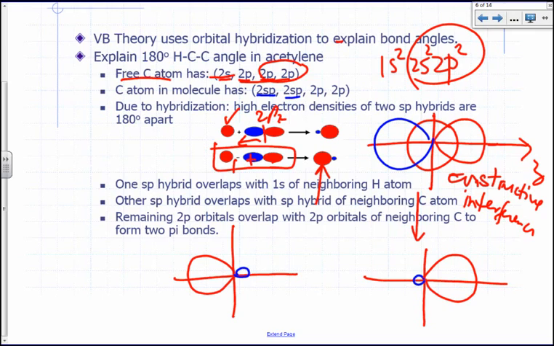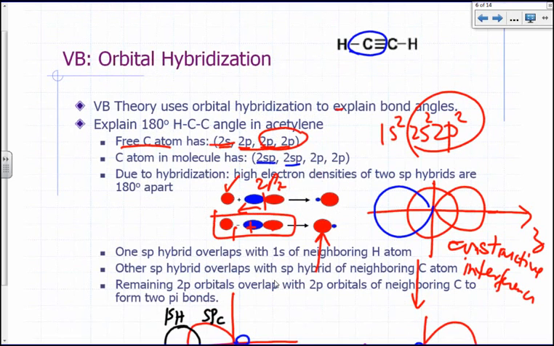One of these hybrid orbitals, the one that's pointing to the left, is going to overlap with the 1s orbital of hydrogen. So if I have a 1s orbital from hydrogen right here, and the sp orbital from the carbon, that overlap gives rise to one of the 2 sigma bonds, this CH bond right here.